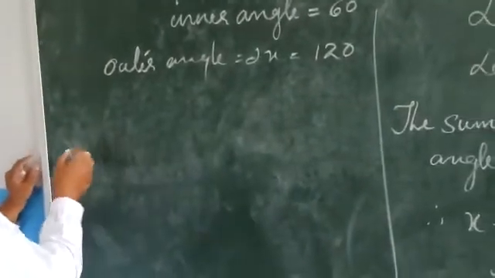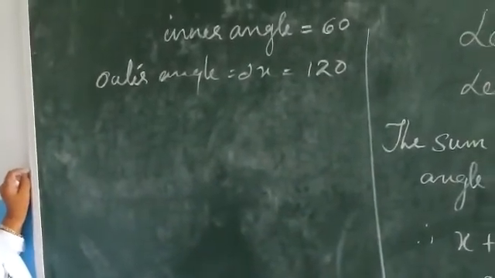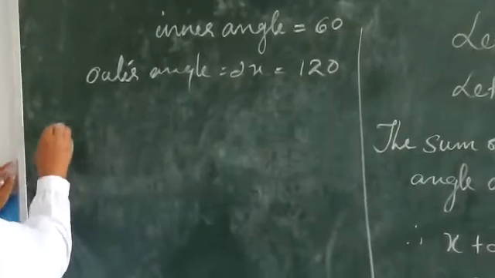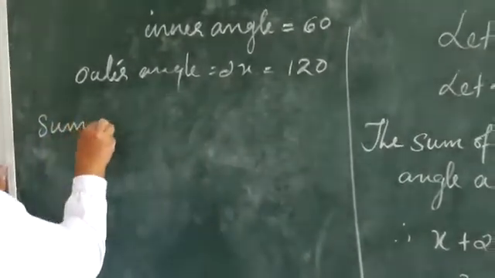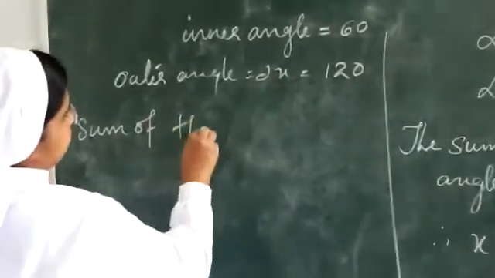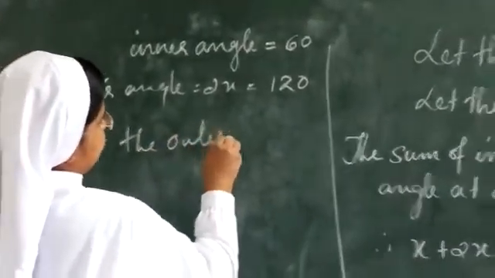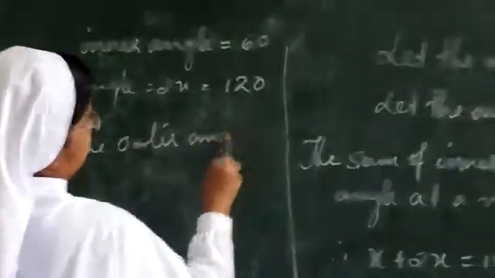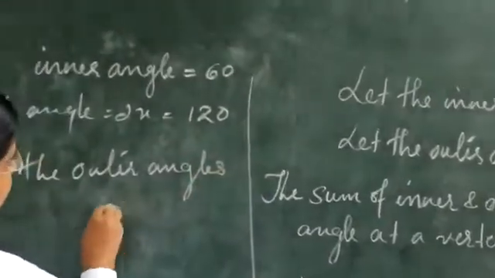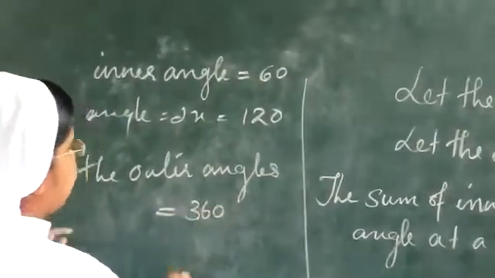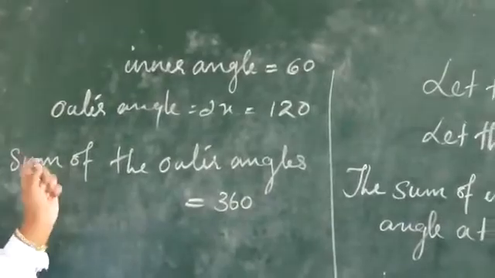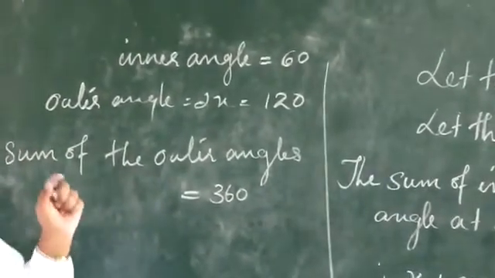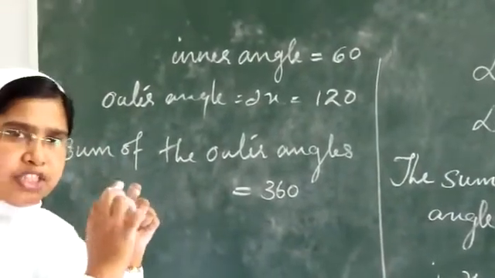So we know the sum of the outer angles is equal to 360. Please concentrate here.